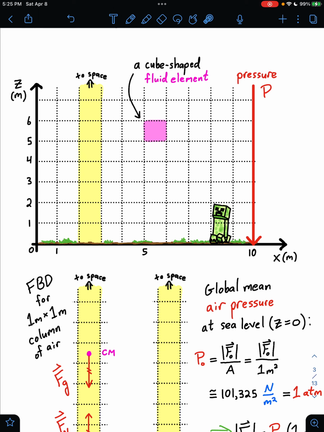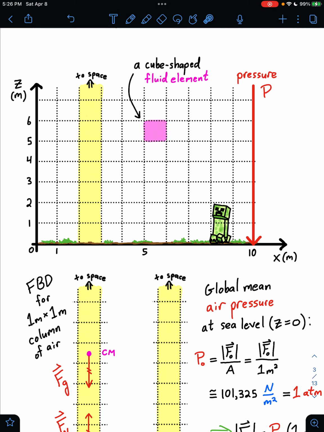We know that the air pressure should increase somewhat as we head deeper and deeper into this aquarium full of air down toward the surface of the Earth, just as water pressure increases as you go towards the bottom of a pool. And I've highlighted here in yellow one particular column of air.